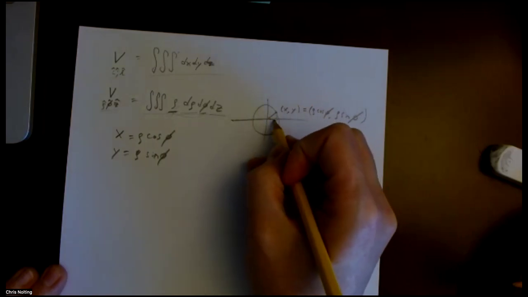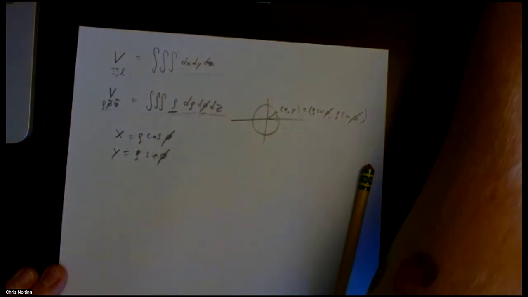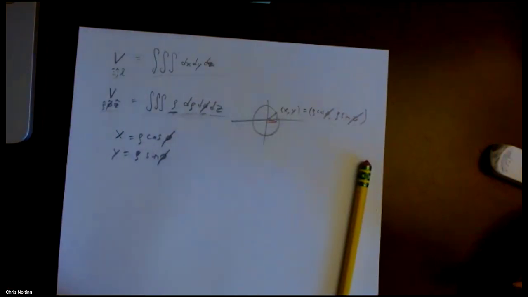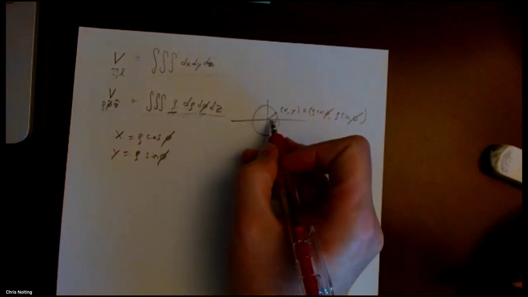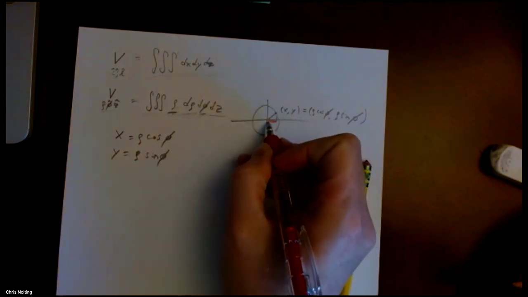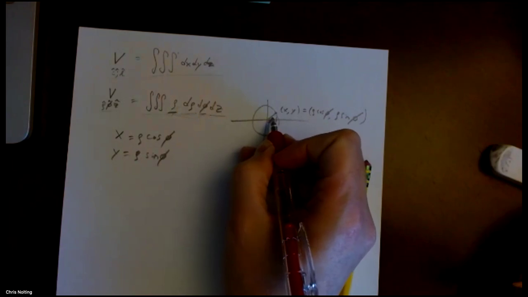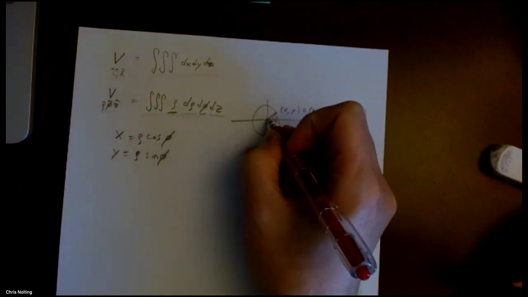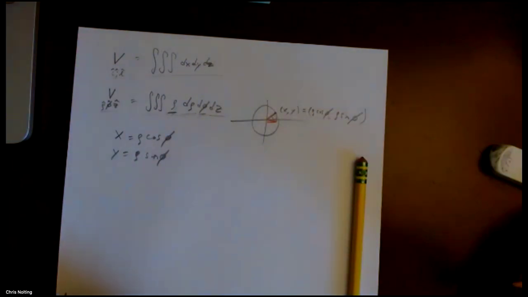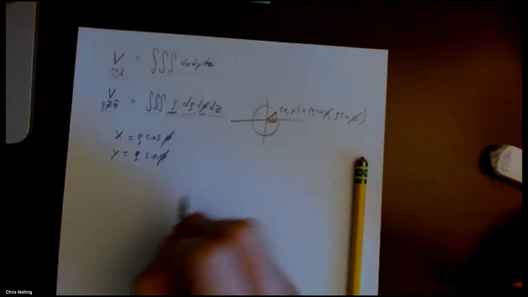When we break it up into these two coordinates, this length there, which is the x coordinate, is the adjacent side to this angle phi, and this distance, which we know is rho, is the radius in cylindrical coordinates.